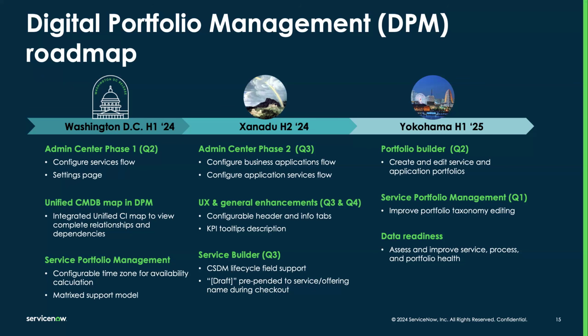Okay. Drafting the pre-pending service. So this one here, previously we had some really great feedback when a customer would check out an original record in Service Builder. What it would do is it would keep that record in a read-only state. And that's great because you won't want to change the original while you're making changes to a potential version 2, so to speak.